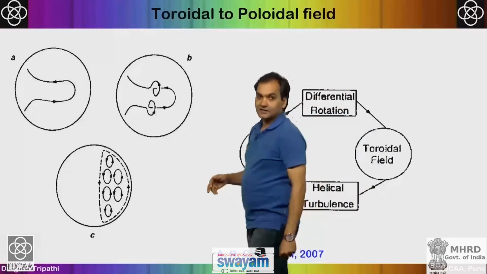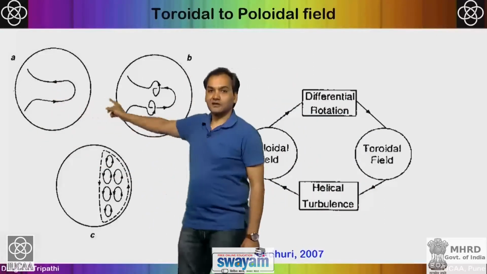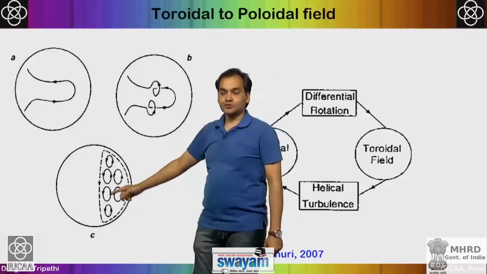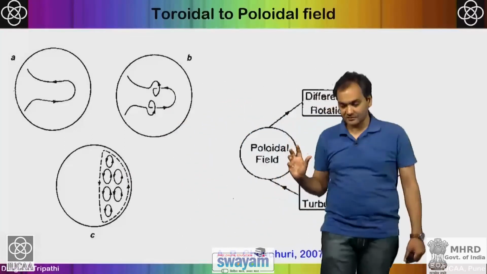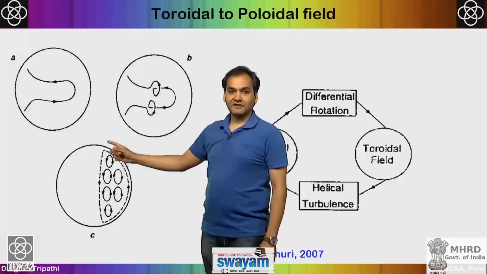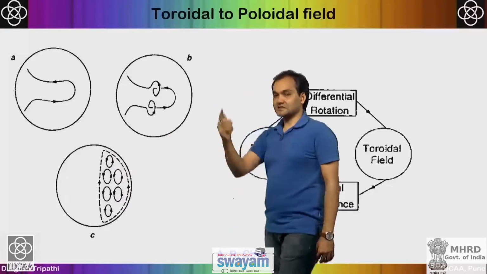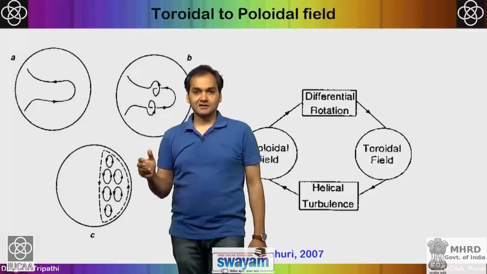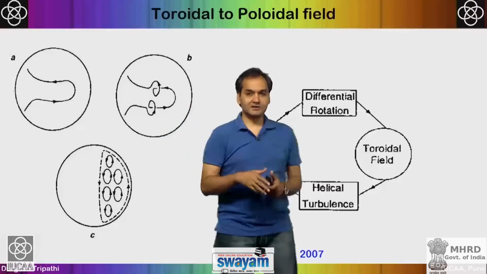The idea is that when these field lines pop out and come onto the surface, you have a sense of helical motion because of the differential rotation and the convective cells. So, on average you find what is called helical turbulence, which gives a sense of rotation from north to south, and that essentially converts the toroidal field into poloidal field. So, here is the complete cycle.